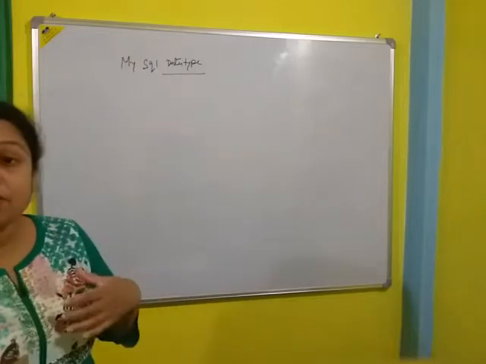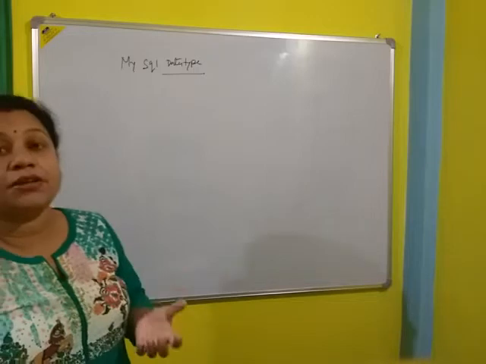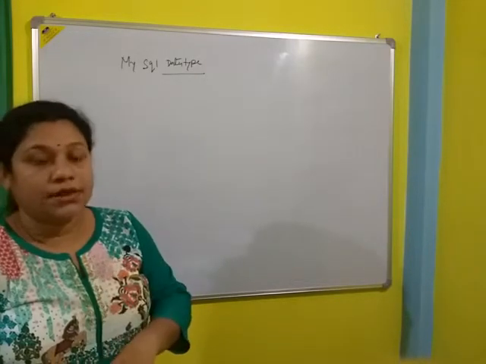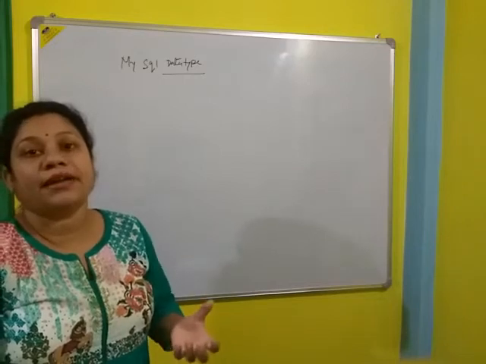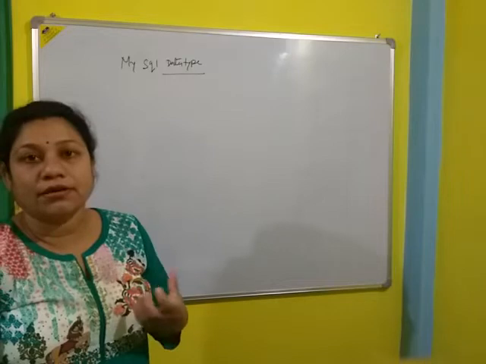So when you are going to create the table and specify the different types of fields for the table, you have to specify the different data types for that particular field.